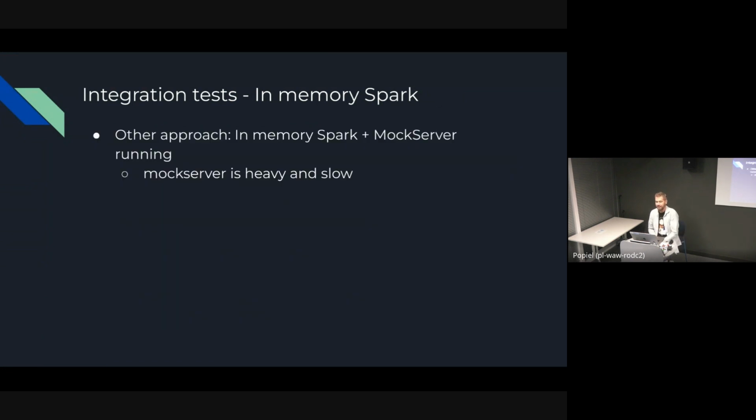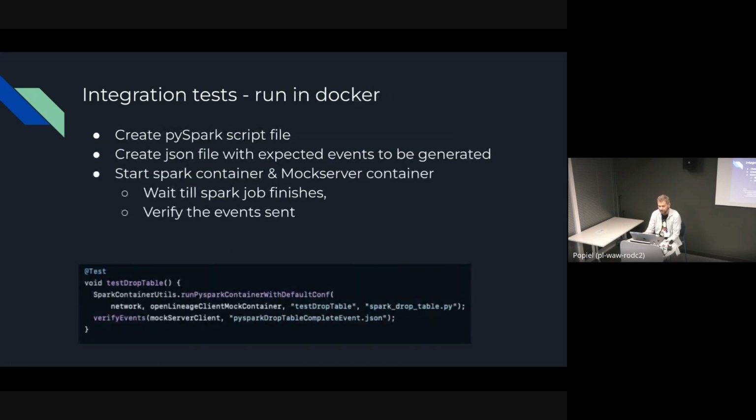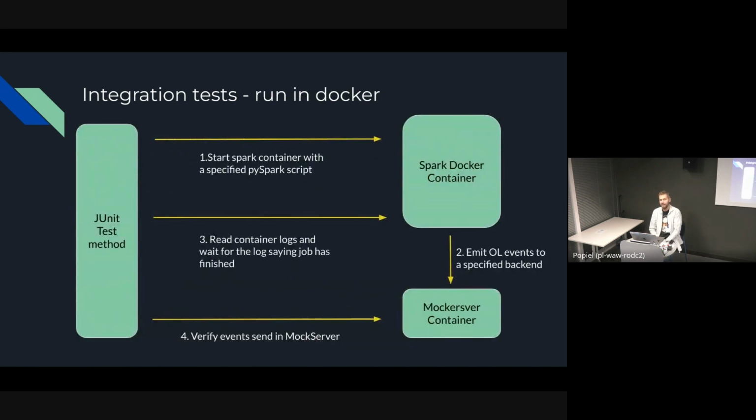The other way is you run Spark in memory, and you start a mock server to get the OpenLineage JSONs and verify if they contain what you want. However, this is heavier and slower. And yeah, you can go even deeper and write integration tests based on Docker. So you have a JUnit test method that starts a Spark container with a specified PySpark script, and this container computes the PySpark script.